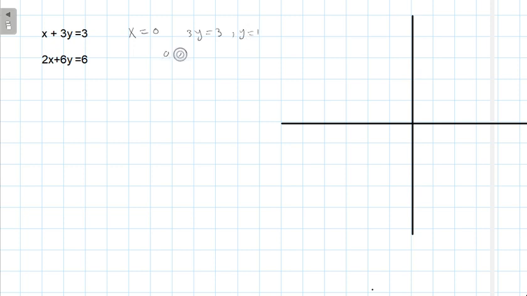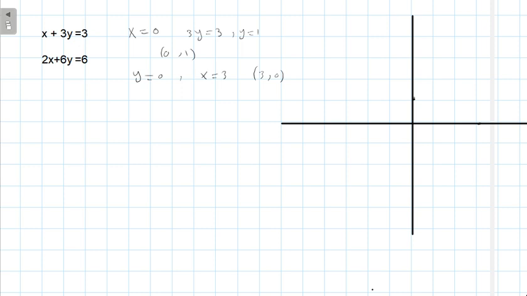So I have this point 0, 1. When y equals 0, then x will be 3, and I have 3, 0. So 0, 1 and 3, 0.